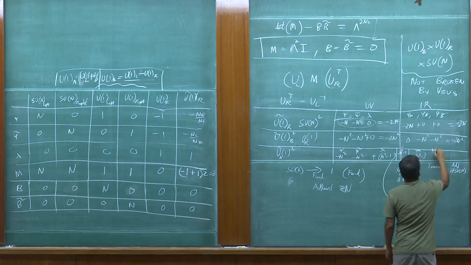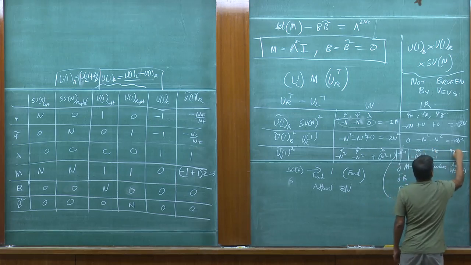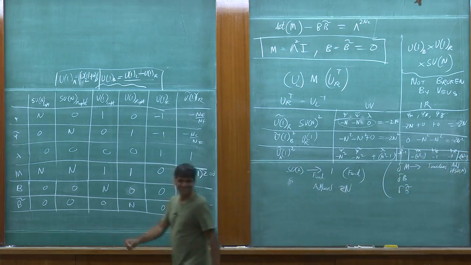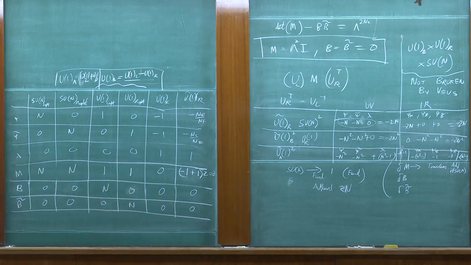From psi b, we will get -1. And from psi b tilde, we'll get -1. Adds up to minus of n squared plus 1. So it works. Is this clear? After correcting all my mess ups, it actually works.